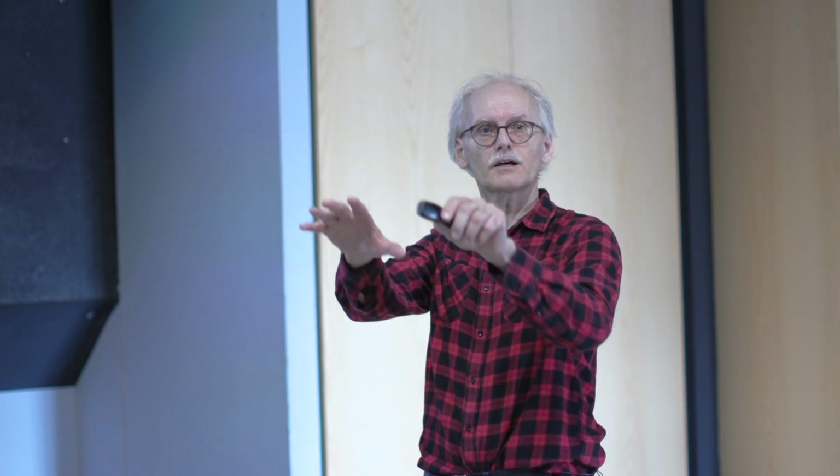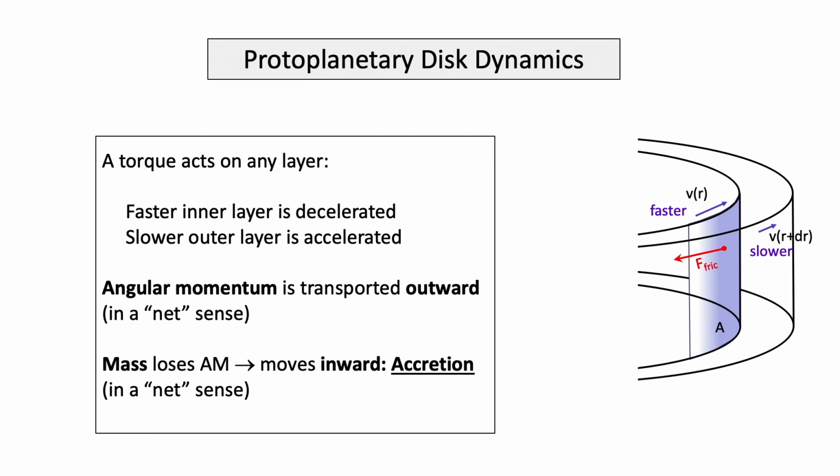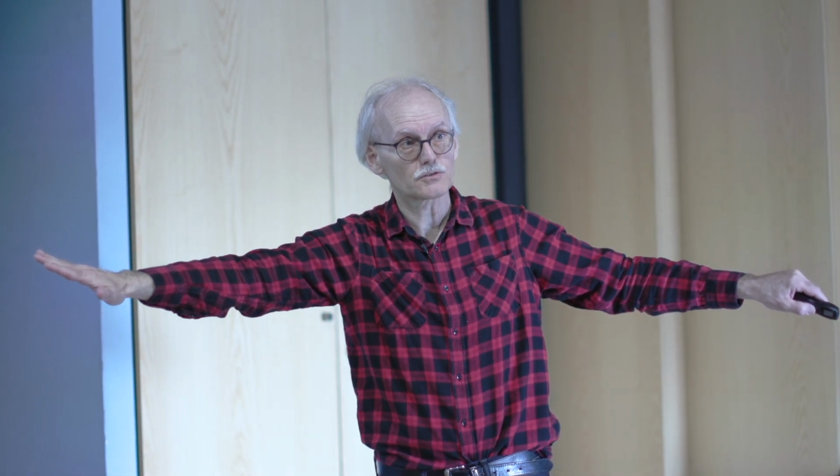So you transport angular momentum from ring to ring. But the inner ring loses that angular momentum. That means that its mass loses the angular momentum, has to fall toward the star into a closer orbit. So this process essentially means you transport angular momentum to larger distances, and at the same time you transport mass closer to the star.